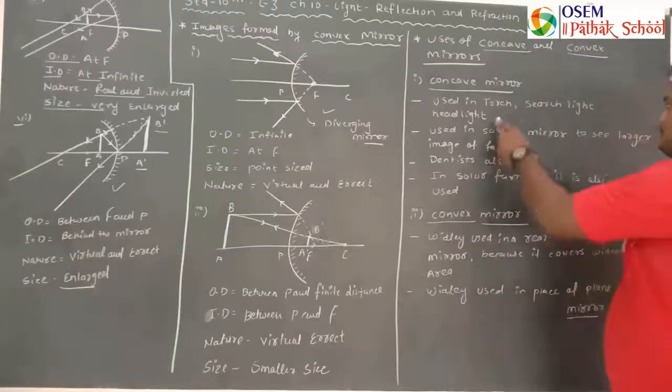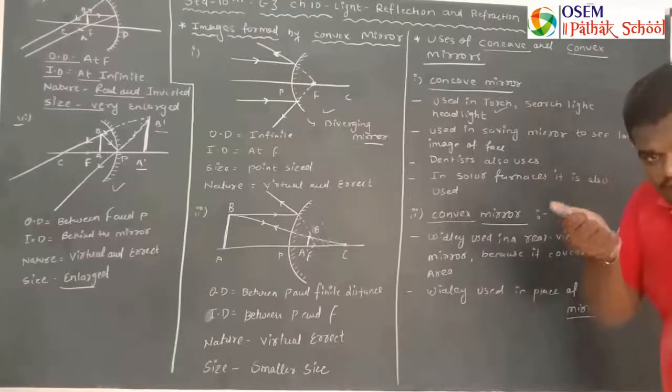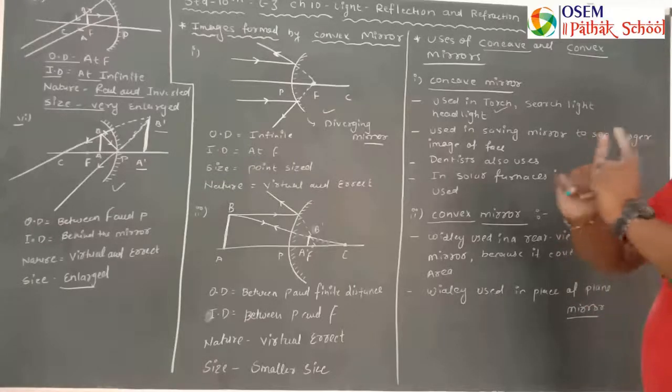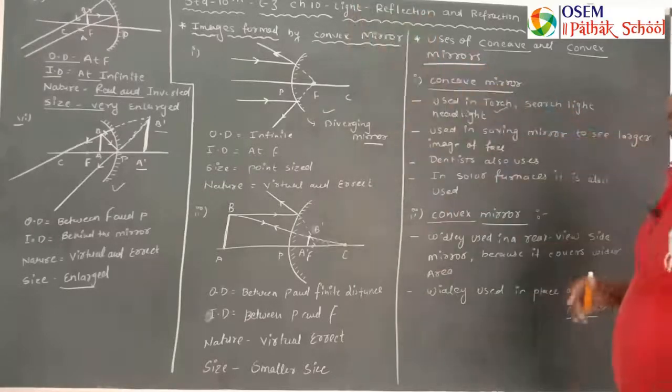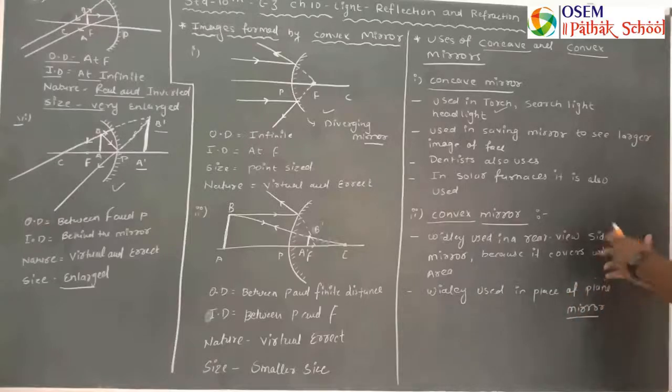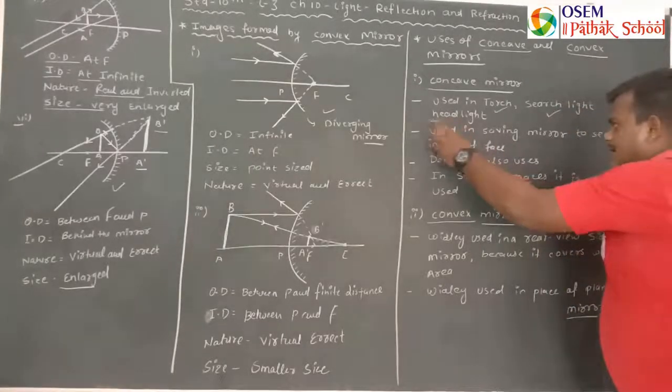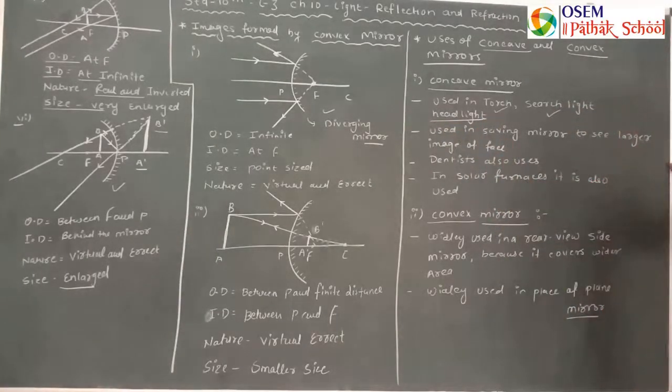We observe when we switch on the torch, we obtain a parallel beam of light at a maximum distance. Searchlight is used for military purposes, to find something. Headlight in our motor vehicles. So this is the first use of concave mirror.